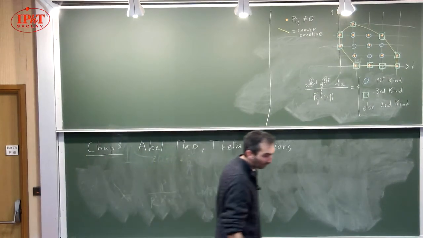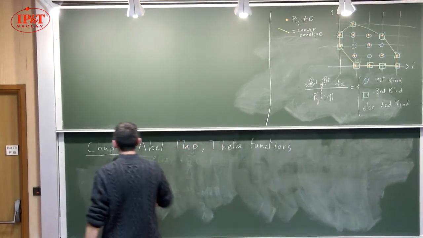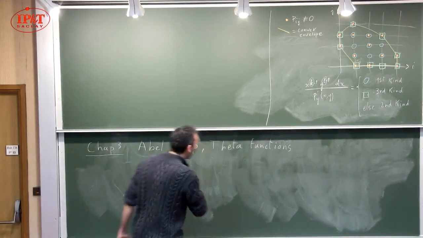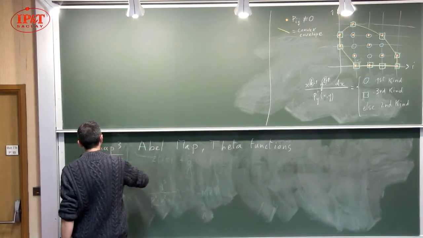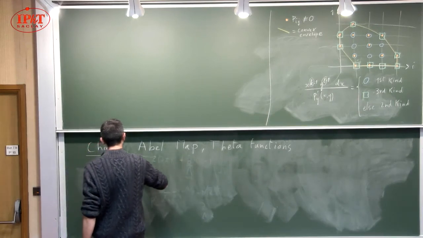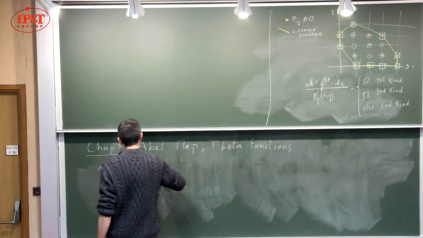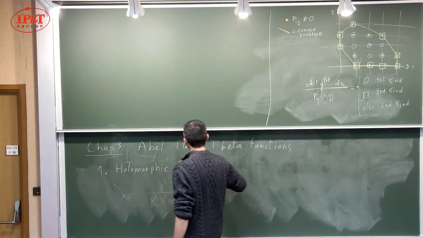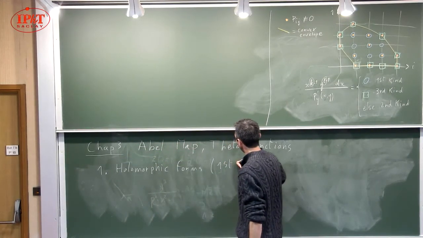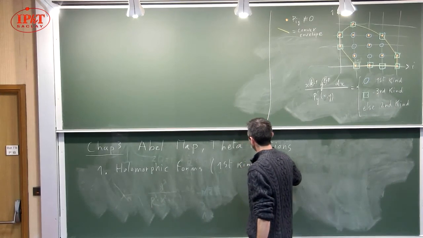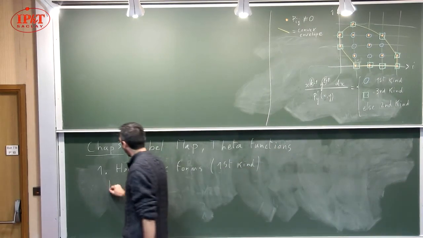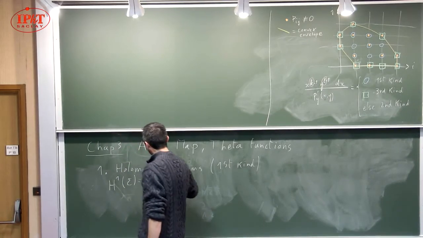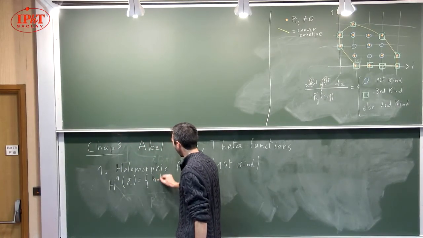So first of all, there is the notion of holomorphic forms, which is the same thing as first kind. I will call H1 of sigma the vector space of holomorphic forms.